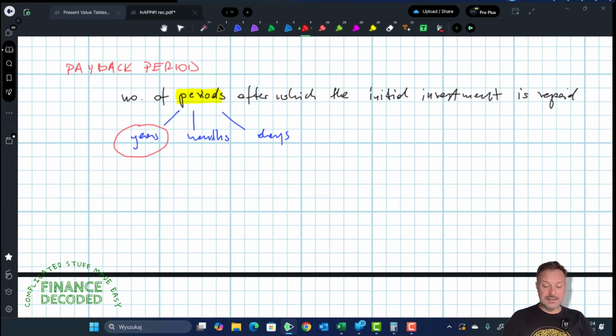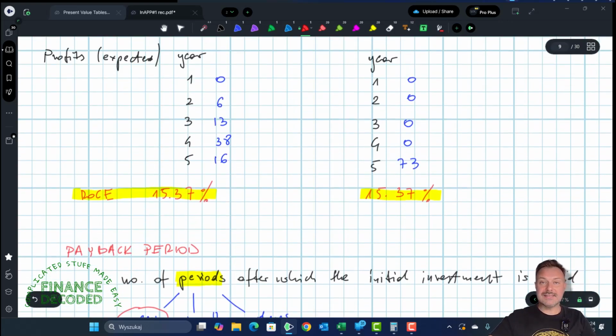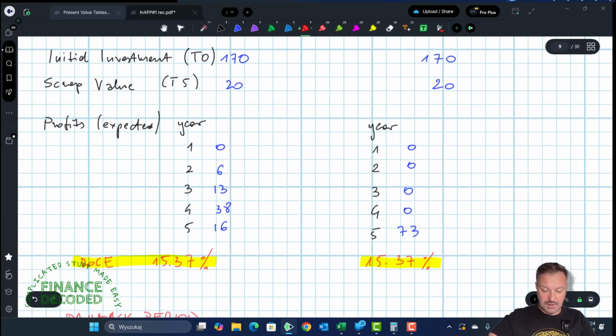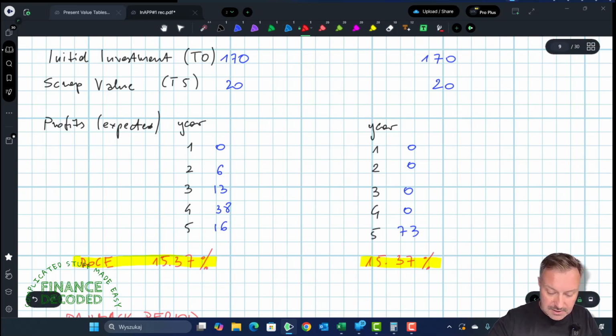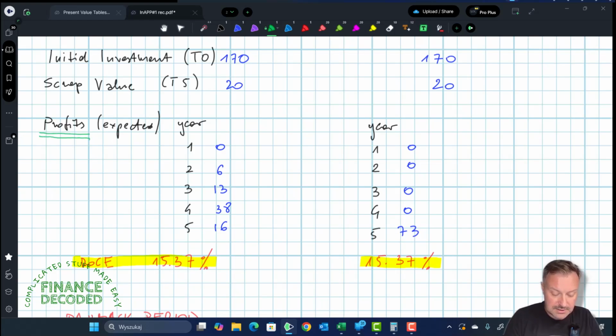most likely you will be required to calculate it in years. Okay, and now if we look again at the numbers of the two projects, there's one absolutely important thing that needs to be mentioned. You cannot simply look at the profits in order to calculate the payback period. Why? Well, because profits are accounting numbers and you cannot compare them directly with a cash flow.